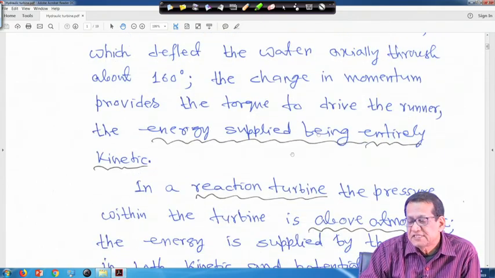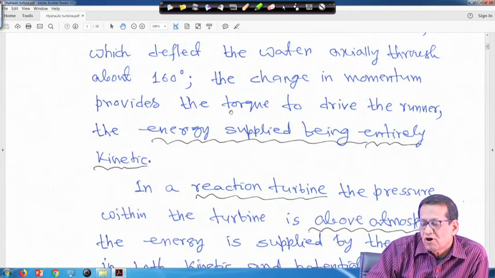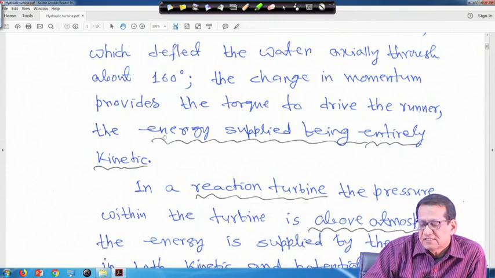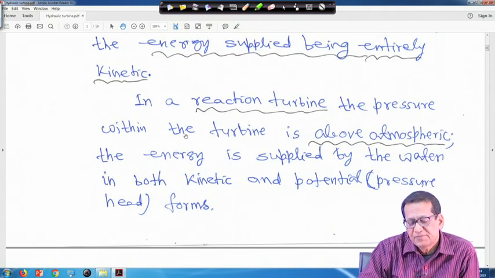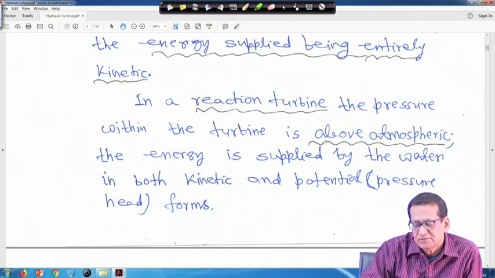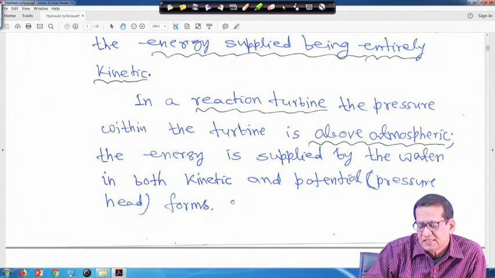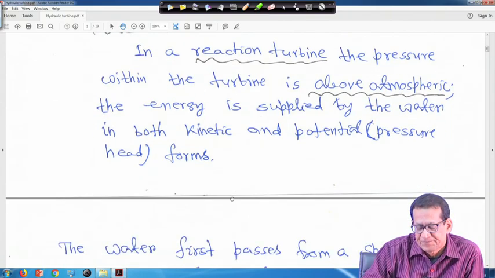The change in momentum provides the torque to drive the runner, the energy supplied being entirely kinetic. Now, in a reaction turbine, the pressure within the turbine is above atmospheric, and the energy is supplied by the water in both kinetic and potential, that is pressure head, forms.